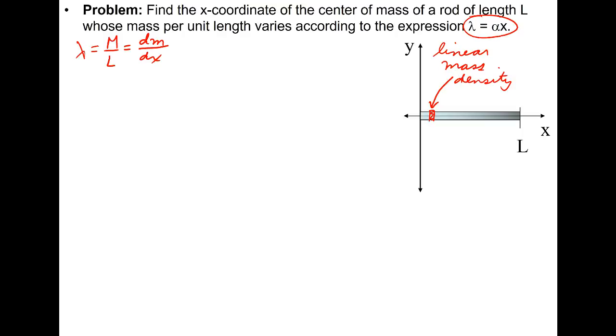Now, the reason that this is getting introduced at this point in the course is that we're going to be using the idea of linear mass density a lot. We're also going to be using surface density, sigma, which is like mass over area, and we're also going to be using rho, which is a volume mass density, so mass per unit volume.